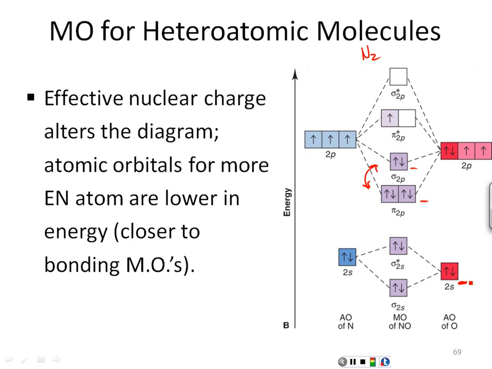The 2s atomic orbital for oxygen is lower in energy than the 2s orbital for nitrogen. So this atomic orbital on oxygen is going to be closer in energy to the bonding molecular orbital, and the atomic orbital on nitrogen is going to be closer in energy to the anti-bonding molecular orbital.